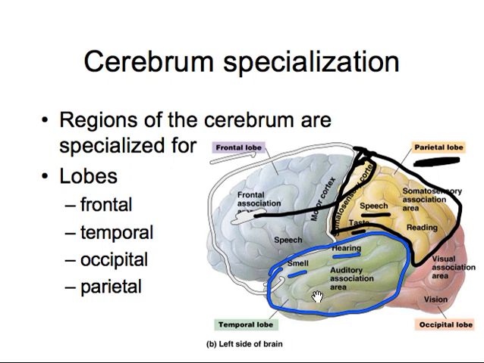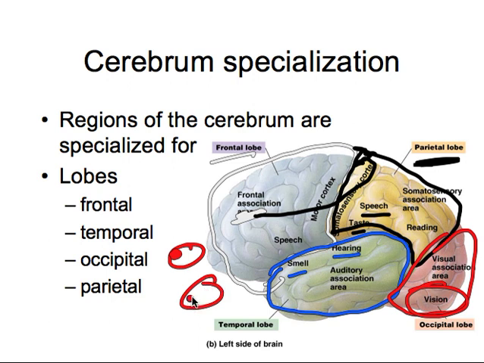And then probably the easiest one, but the most ironic one as well, is this guy right here, the occipital lobe. The occipital lobe deals with vision. Well, this is the back of your brain. Your eyes are all the way up. Well, actually, they're more down here. They're down here, but they're at the front of your head.